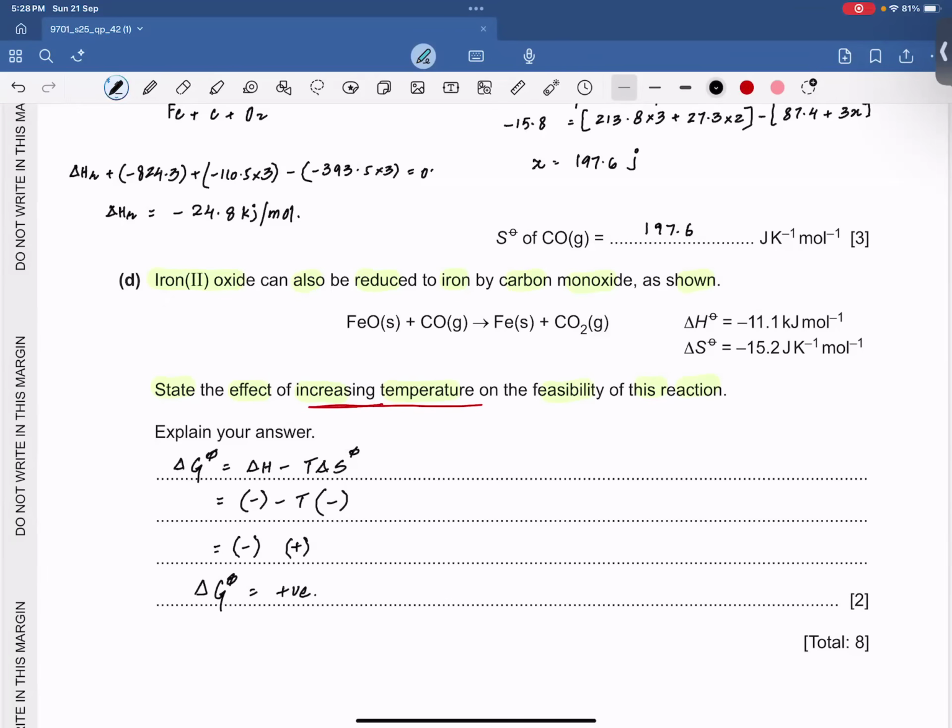So what we need to write here is: at high temperature, the T delta S naught term becomes more positive.